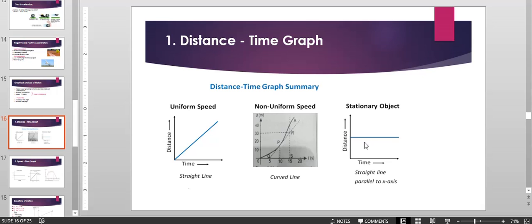Thus, a horizontal line parallel to the time axis on a distance-time graph shows that the speed of the object is 0, or it has covered no distance with the gradual increase in time.